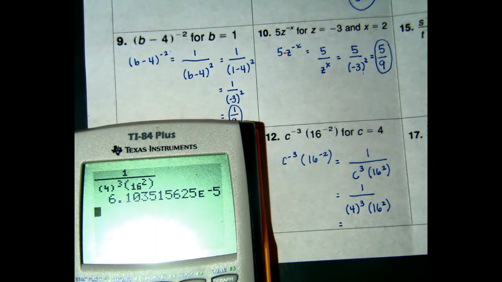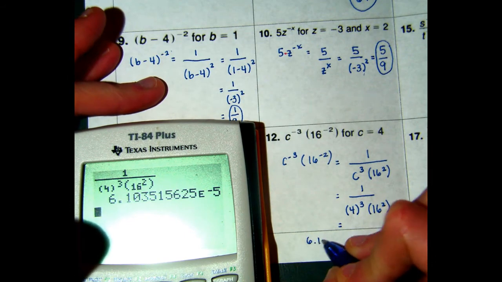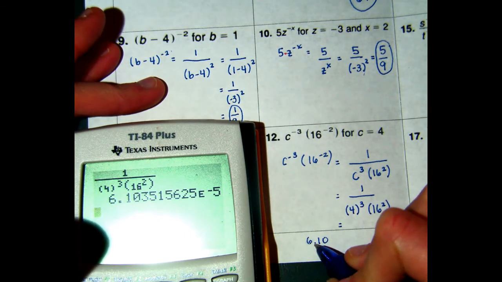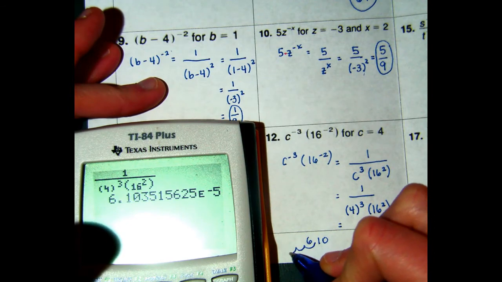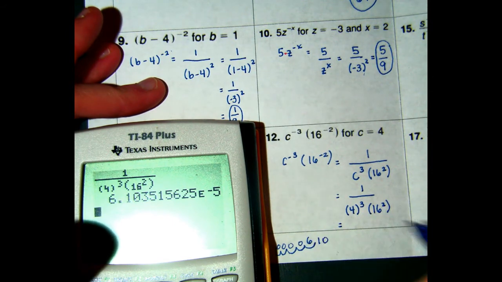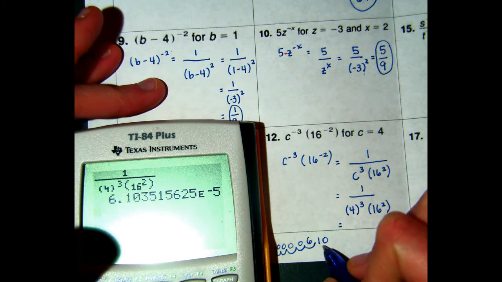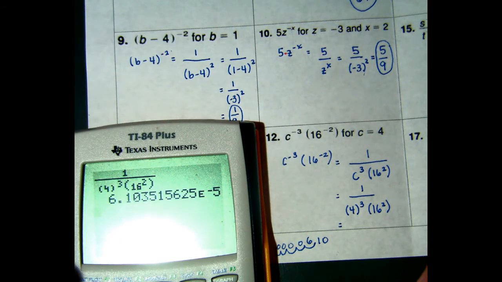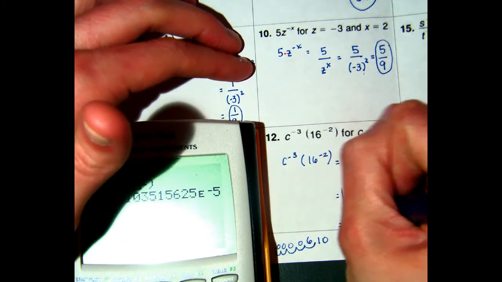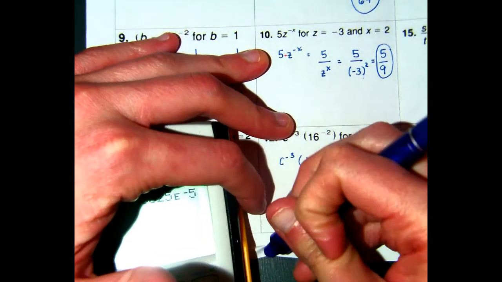If I wrote it down as a decimal, I'm just doing this as an example, we're not actually going to do any decimals, I would take that value and move it to the left 5 places. 1, 2, 3, 4, 5. So it would be 4 zeros, decimal, 610. I'm going to leave the answer like this if I get a solution in scientific notation.